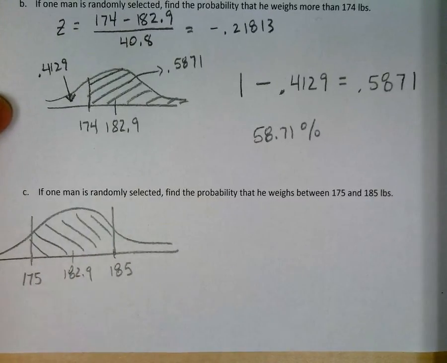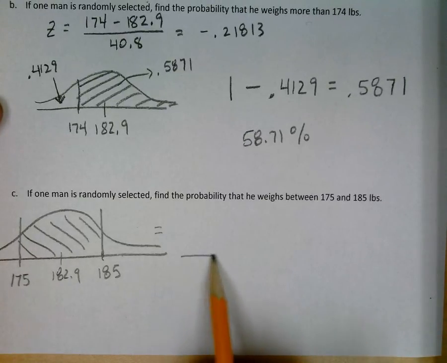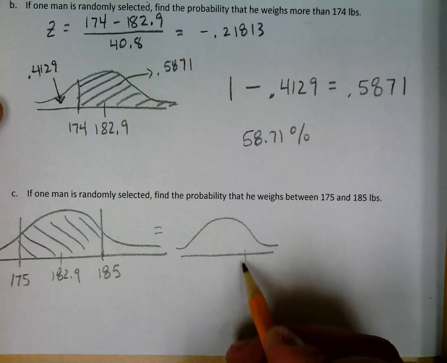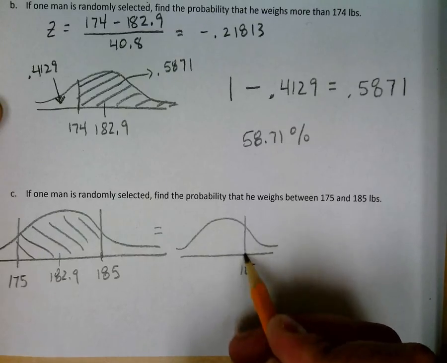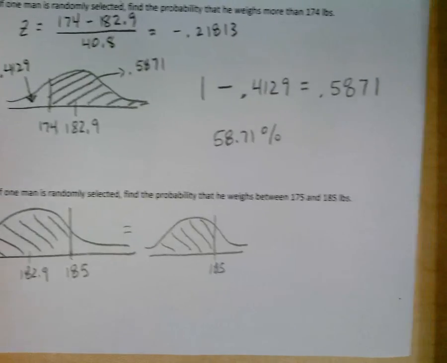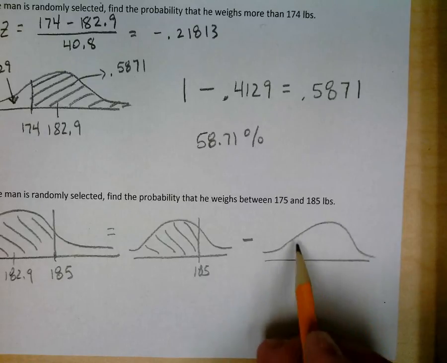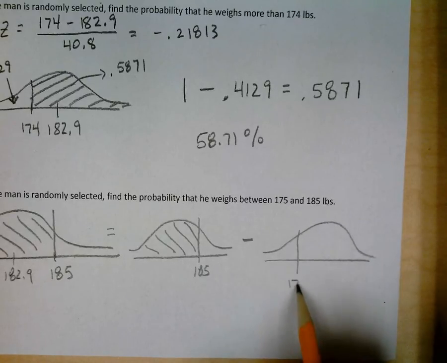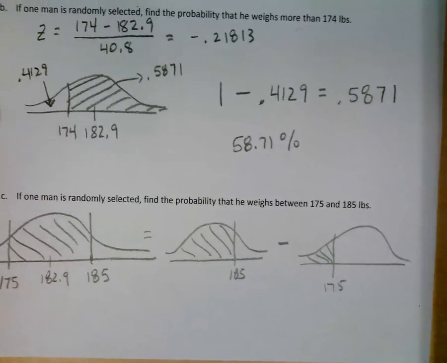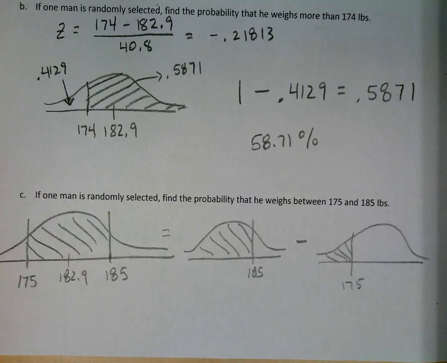So if we think about this graphically, if I take the entire area that's to the left of 185, and I subtract out the area that's to the left of 175, that is going to give me the middle between those two numbers.